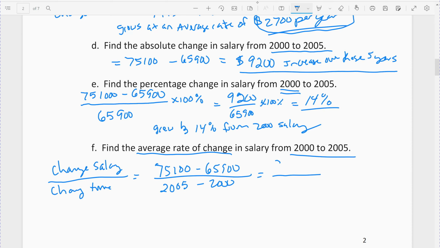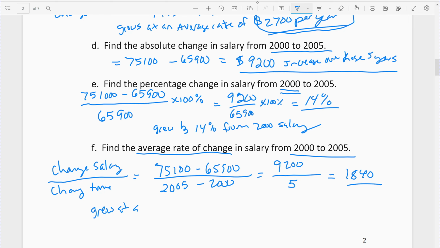All right, so the change was 9,200 over those 5 years, and so the average rate, you divide that out, and that comes out to be 1,840, so it was much smaller. Our previous rate of growth between 1990 and 1995 was 2,700. This is almost 1,000 less, 1,840, and so it still grows.